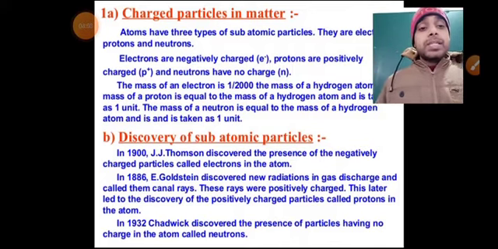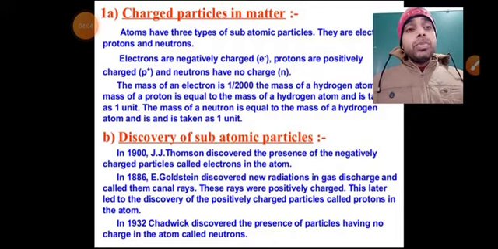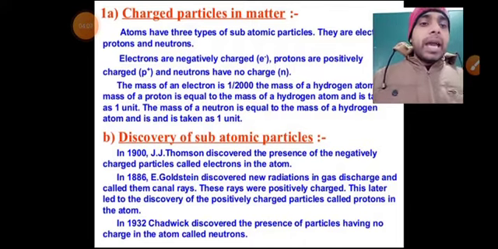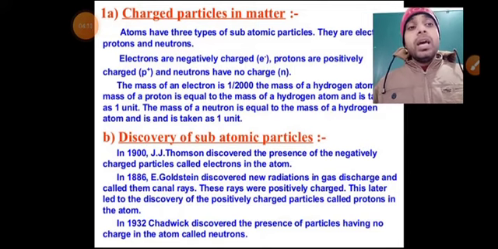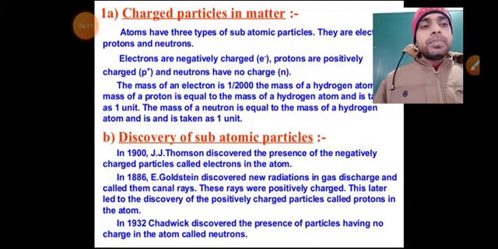These canal rays were positively charged particles. We know that proton has a positive charge, and hence these canal rays were assumed to carry a positive charge, and were later called protons in the atom.